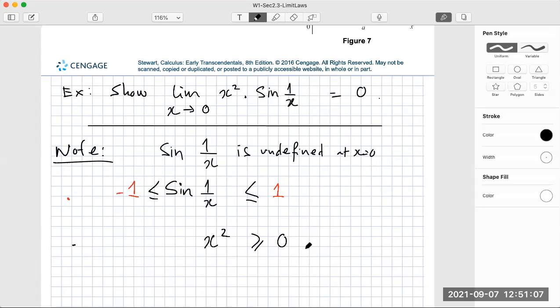Now, remember, if we multiply an inequality by a positive number, it preserves that inequality, right?